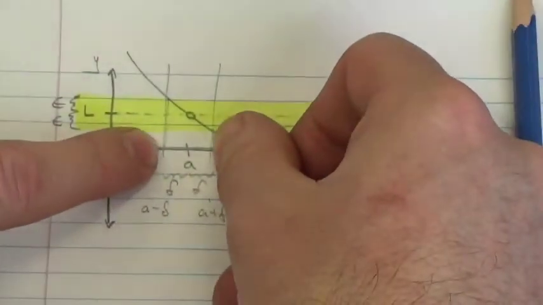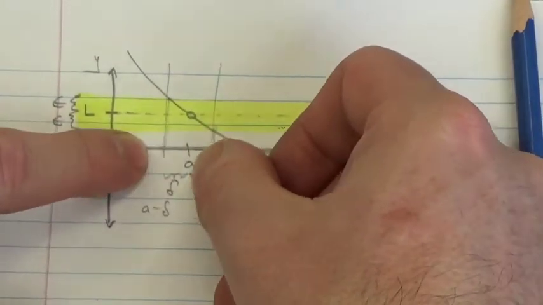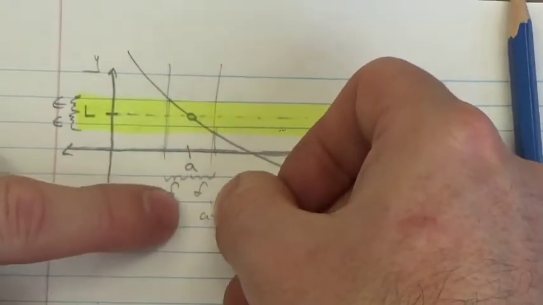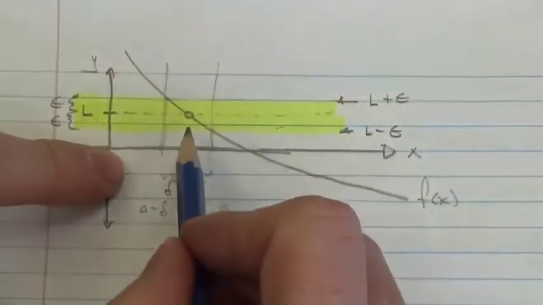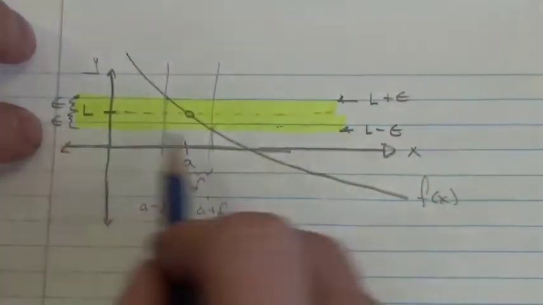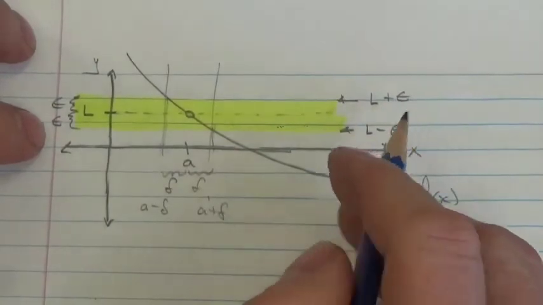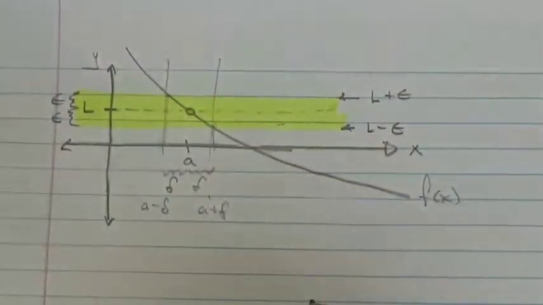So if I choose an x value inside the interval from a minus delta to a plus delta, am I necessarily in the interval between L minus epsilon and L plus epsilon? In this case, yes, I am.